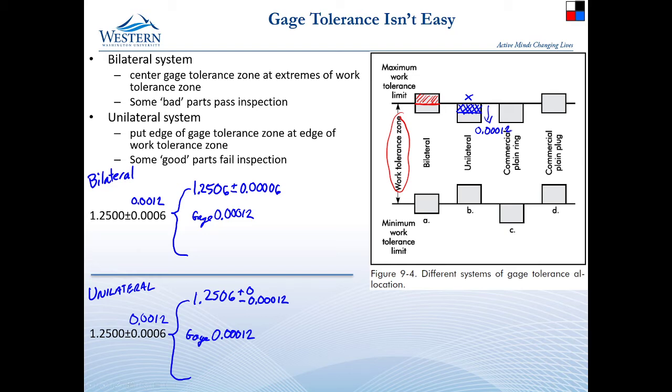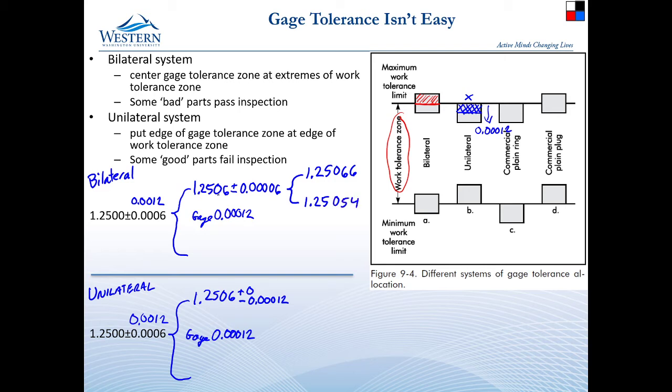So what does this band give me? What are the values that I would accept from the gauge maker when they send me this gauge? On this one, it could be 1.25066, or the other end of that tolerance is 1.25054.